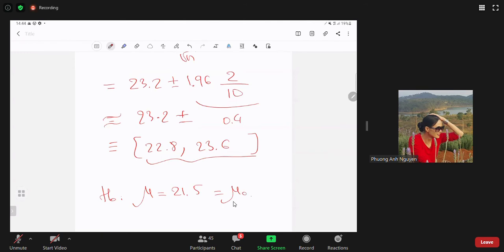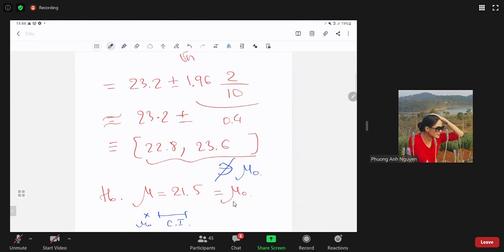And you see right away that the confidence interval doesn't include the value mu zero. Here is my confidence interval, but my value mu zero is here, outside.